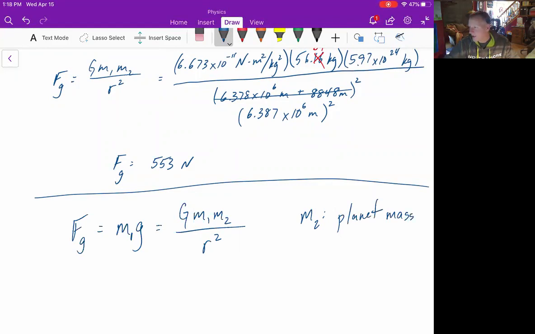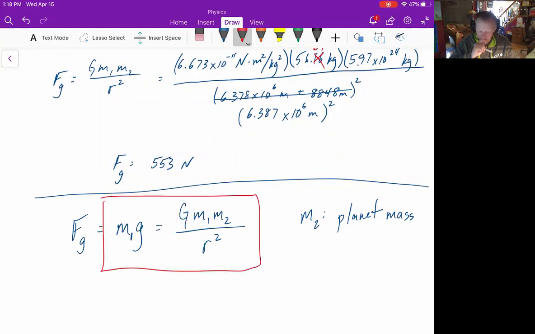Okay, so the question is, what's the gravitational acceleration on Mars? And we have some comparisons to what it is on Earth. If we just look at this portion of these, we have a relationship that can help us find the acceleration of gravity on different places.